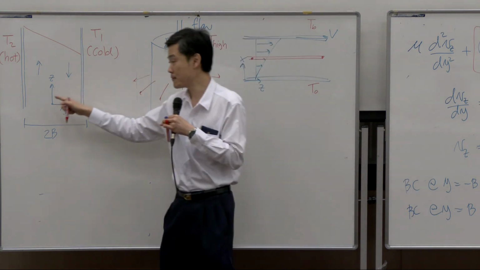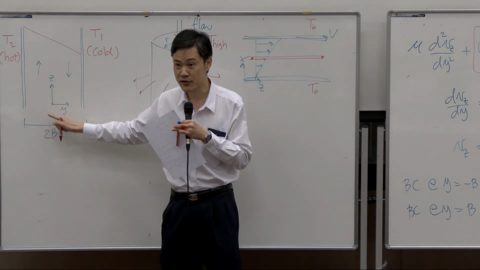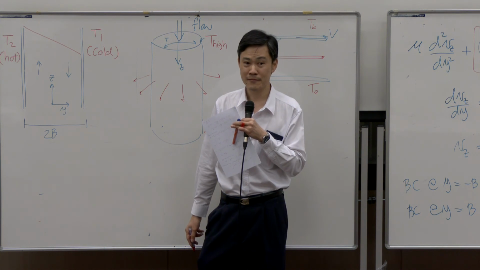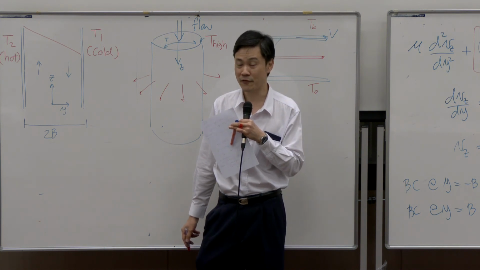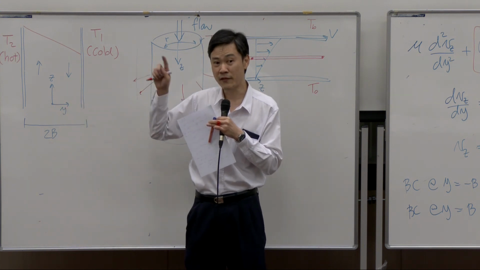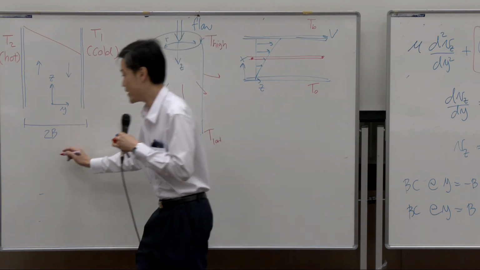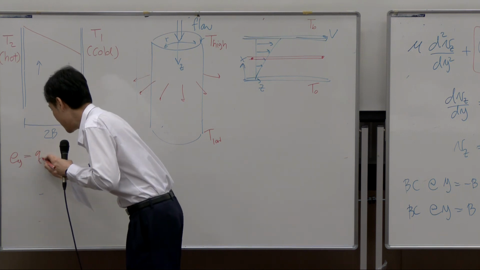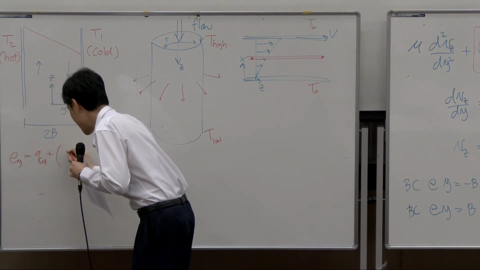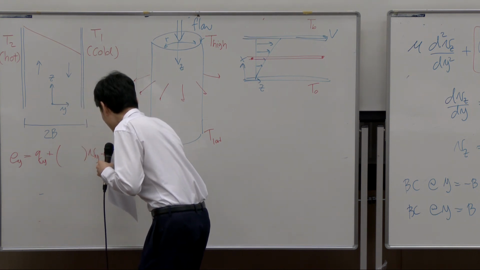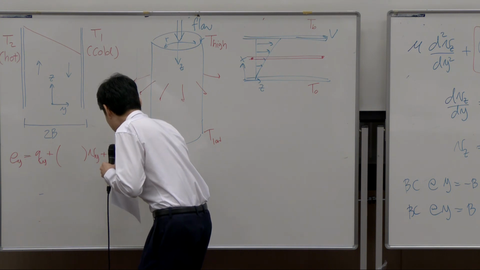What about this problem? Do we have convective transport in Z direction? No, we do not have convective transport in Z direction in this problem. Remember the flux? The convective flux, if we calculate EY, is supposed to be QY plus something times VY, plus rho V for the Y component.